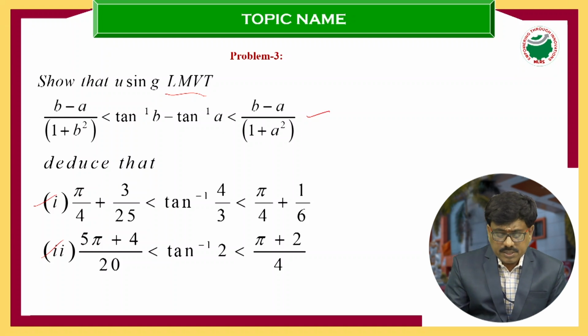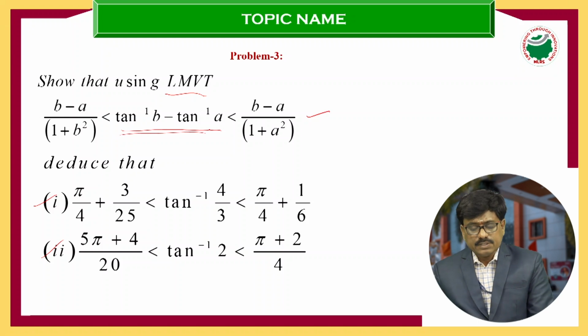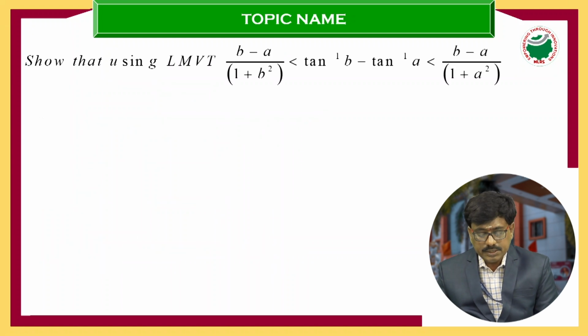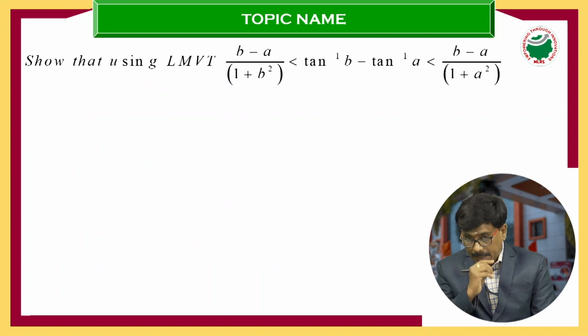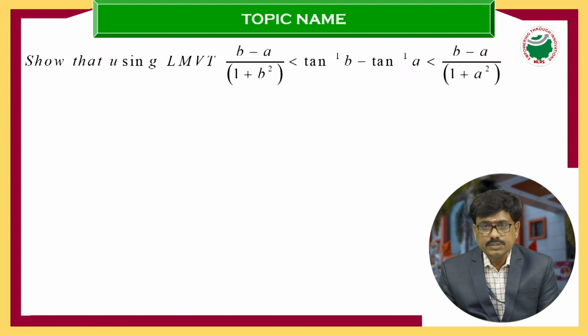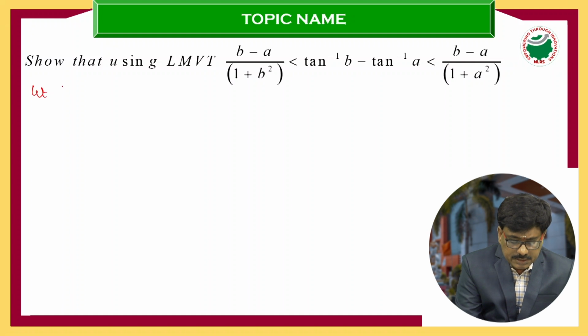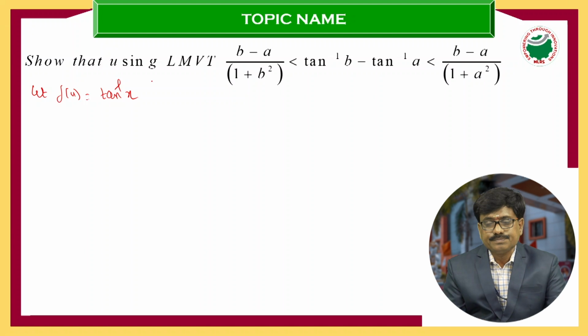Okay, look at this function. How do you select this function in this case? Tan inverse of B minus tan inverse A. We are defining some function, which is called a trigonometric function. Already you know the trigonometric function tan inverse is continuous in between the interval values. Okay, let us define the function. Let f of x be equal to tan inverse x.